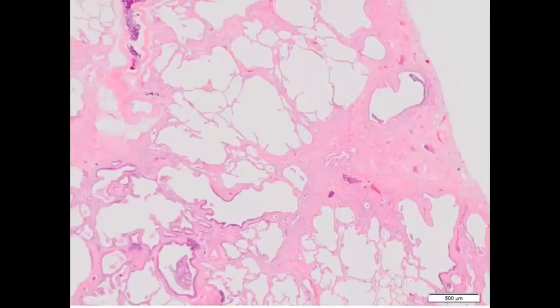The second feature is that, again, if we first orient ourselves, there is a pleura, and there is diffuse subpleural fibrosis, and near this area we have some normal architecture as well.